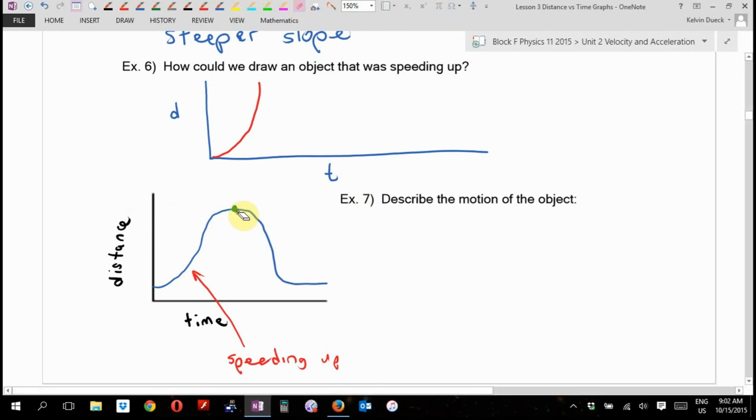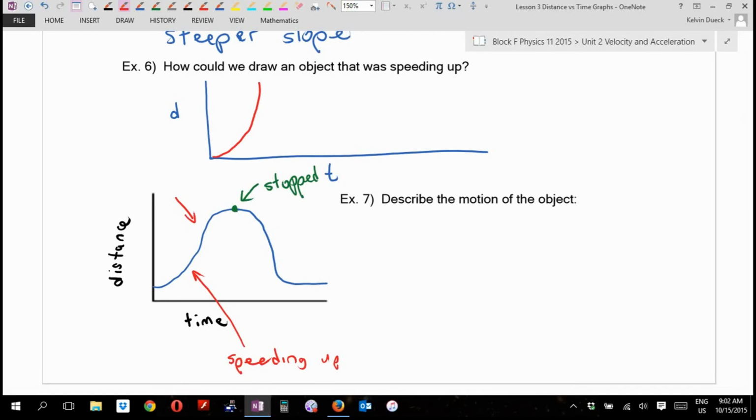If the slope is 0, key idea, what else is 0? If the slope is 0 on a distance versus time graph, what else is 0? At rest or stopped. So if they were speeding up and now they're stopped, can you tell me what must be happening in that section right there?